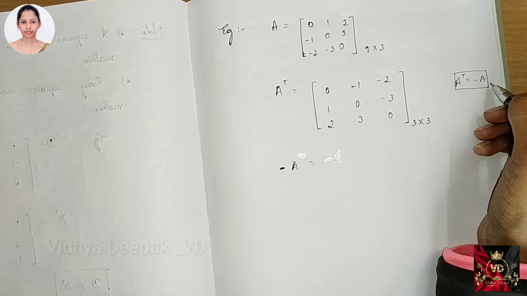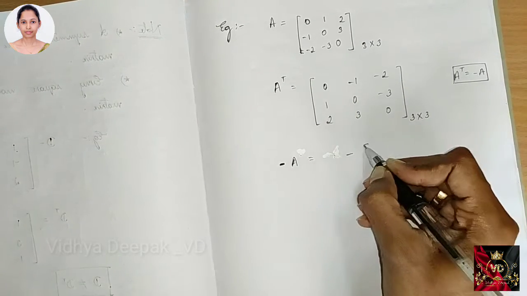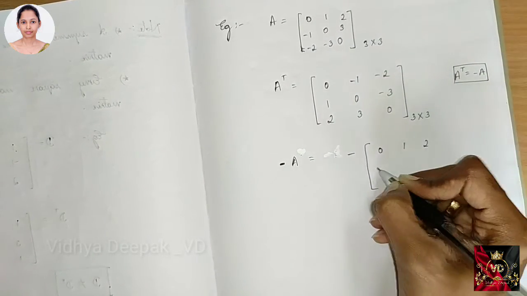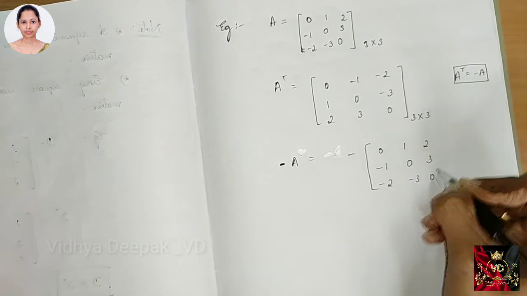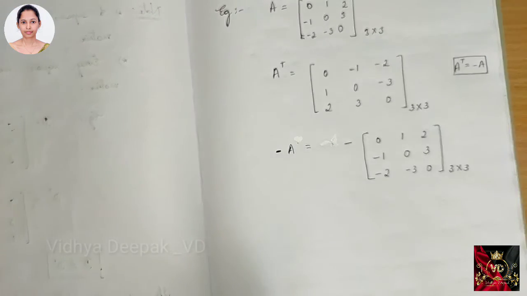So we want the matrix minus A. So how to find minus A? We have to multiply the minus sign with the matrix A. What is the matrix A? 0, 1, 2, minus 1, 0, 3, minus 2, minus 3 and 0. This is of order 3 cross 3.